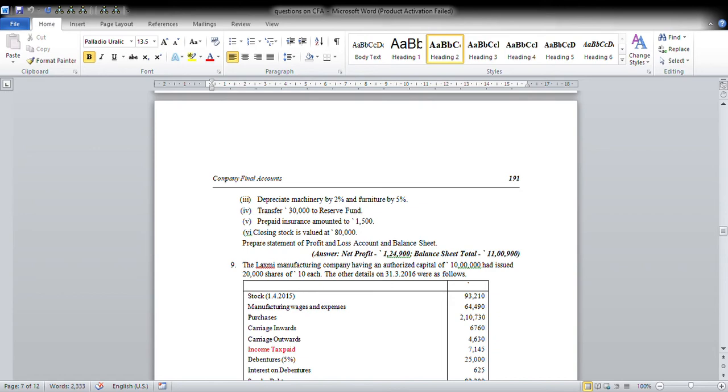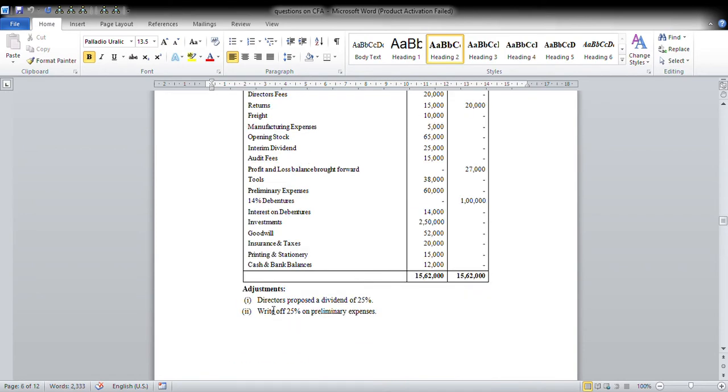Then next we have less dividends, because if you just see the question, we have directors proposed a dividend of 25%. So this 25% will be taken as proposed dividend.